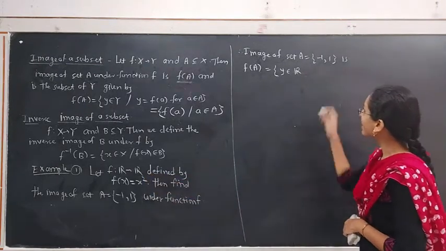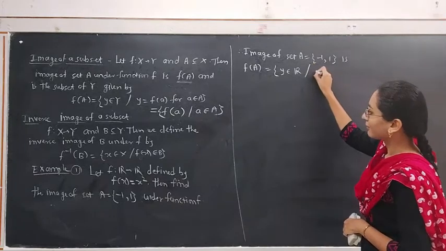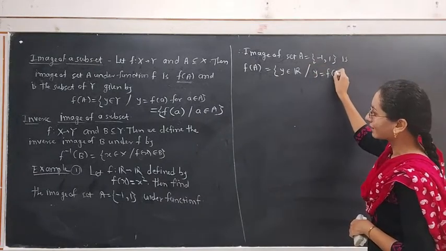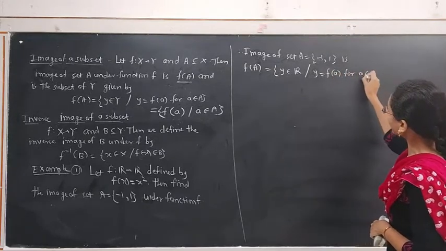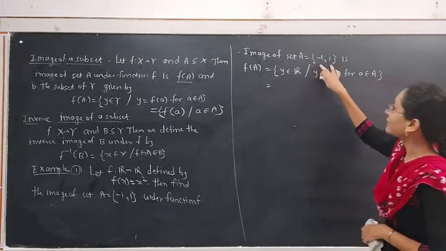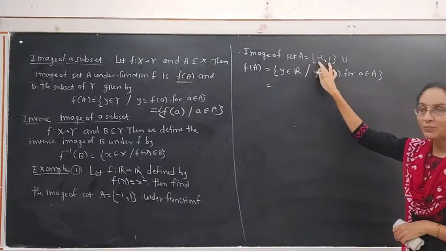Y belongs to R where y is equal to f of a for a belongs to A. How many elements does A have? There are only 2 elements of A.